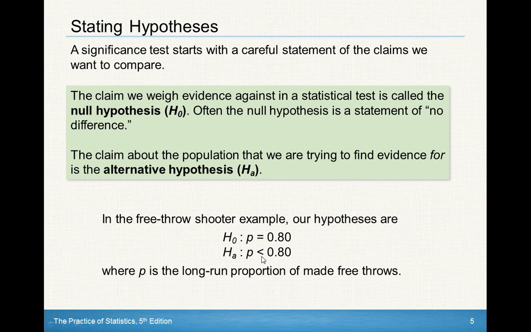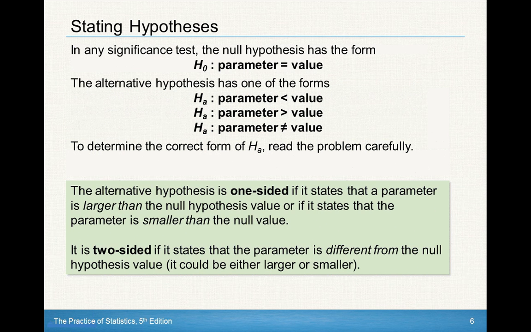In this case, we chose less than because we think that in the real world, this free throw shooter might not shoot as well as he claims to shoot. To determine the correct form for the alternative hypothesis, read the question. An alternative hypothesis is one-sided if it states that it's either less than or greater than. A two-sided alternative hypothesis is this not equals case. And this will make more sense as we draw pictures of these in a moment.